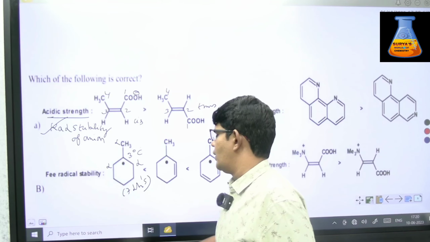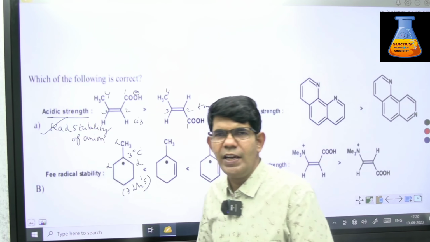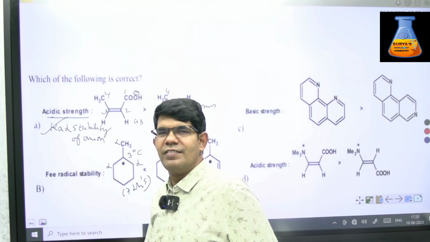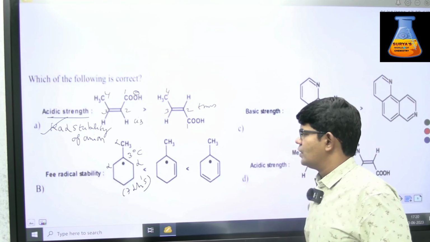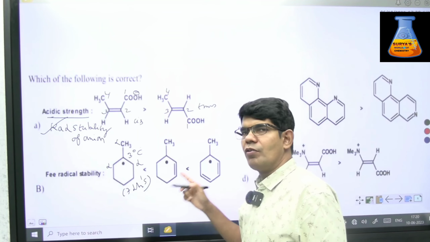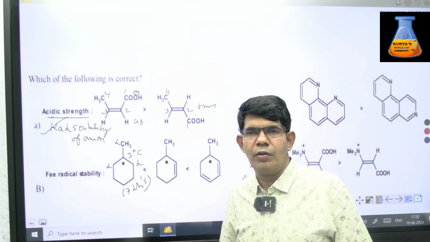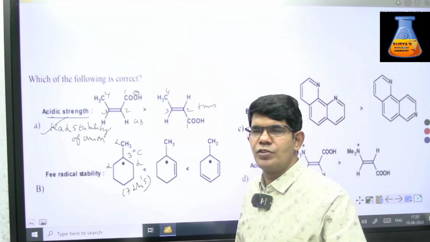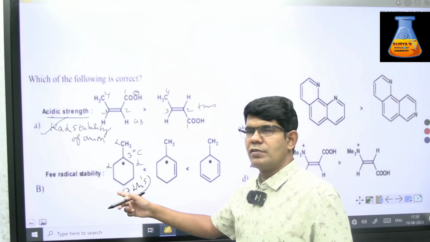So with 7 alpha hydrogens, it can actively involve in hyperconjugation, right? Next, this is odd electron pi conjugation. When it is odd electron pi conjugation, it can actively involve in resonance. This has to be more than this. Yes.